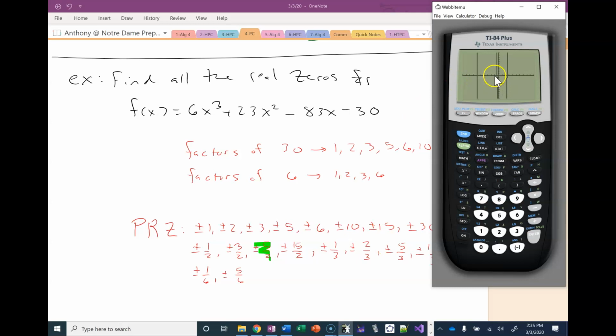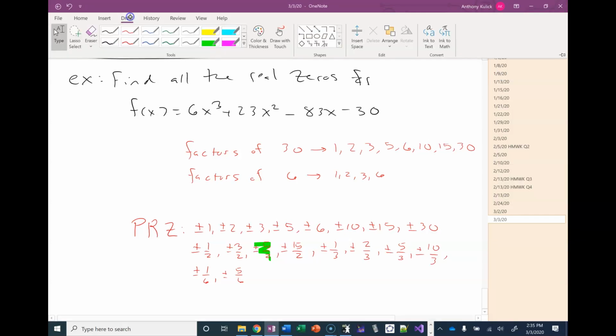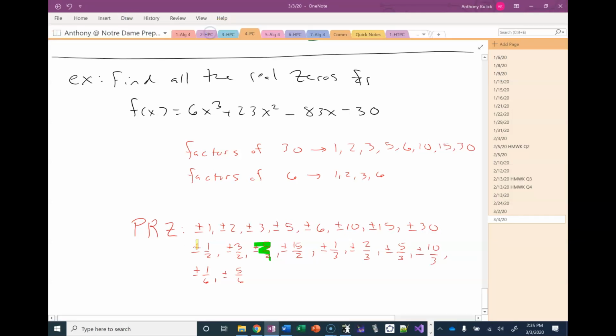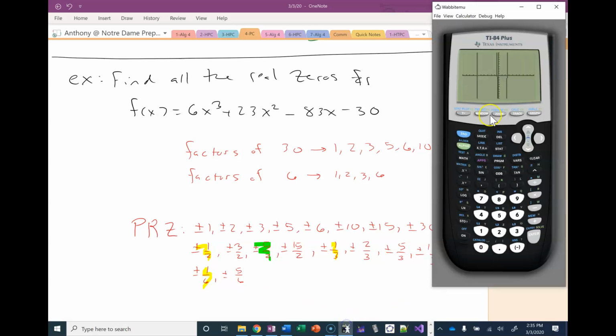This one is happening in between -1 and 0, it looks like, right? So that could be a -1/2, but it could also be a 1/3 or a 1/6 too. It's not entirely clear just by looking at it which one of those it is. And then the last one over here, let's see, -1, 2, 3, 4, 5, 6 maybe? Yeah, it's -6 is what that looks like to me.